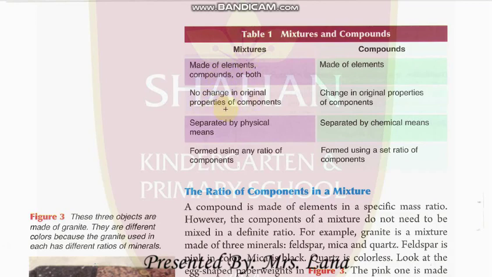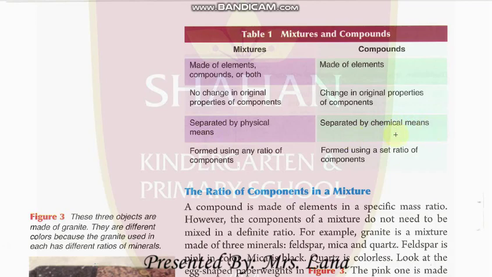In a mixture, there is no change in the original properties of the components. In a compound, there is a change in the original properties of the components, because as we said, we can break down compounds by chemical change. Mixtures are separated by physical means, while compounds are separated by chemical means.